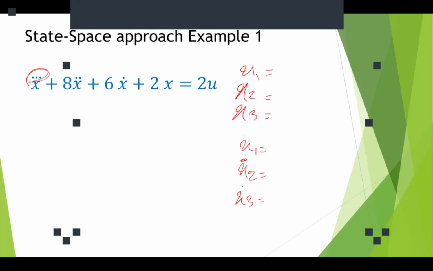Now, if we define x1 as this variable x, this is this x, correct? And we define x2 as the derivative of x, and x3 as the second order derivative of x. Okay? What would be x1 dot?